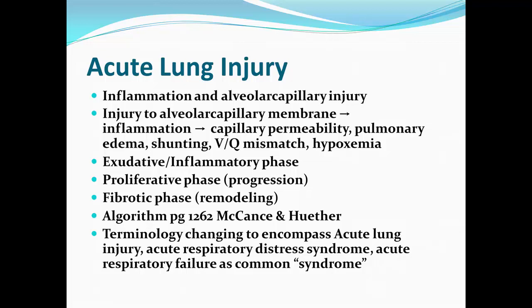Following this proliferative phase, which is fairly long, now we will enter the fibrotic stage, and this is usually near the end of that proliferative phase, and now the alveoli are becoming obliterated and the bronchioles are becoming affected. This can, as we talked about, lead not only to an acute respiratory failure, but also chronic respiratory disease.